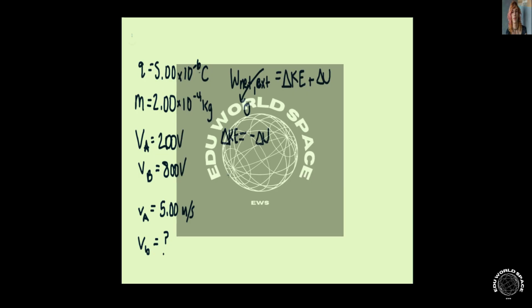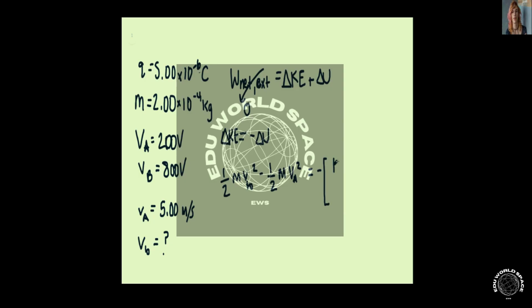Let's fill in either of these sides. The change in kinetic energy is final minus initial, so you want its final state. That's 1/2 m v at B squared minus 1/2 m v at A squared, and that's minus the change in potential.